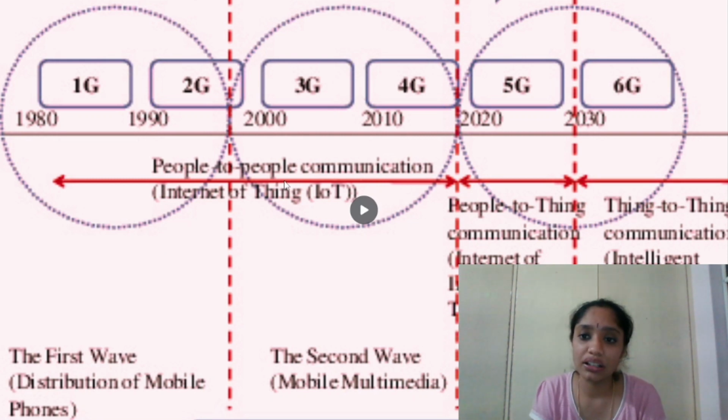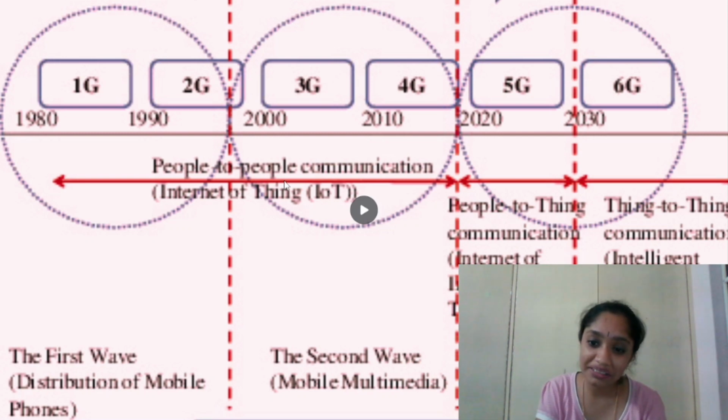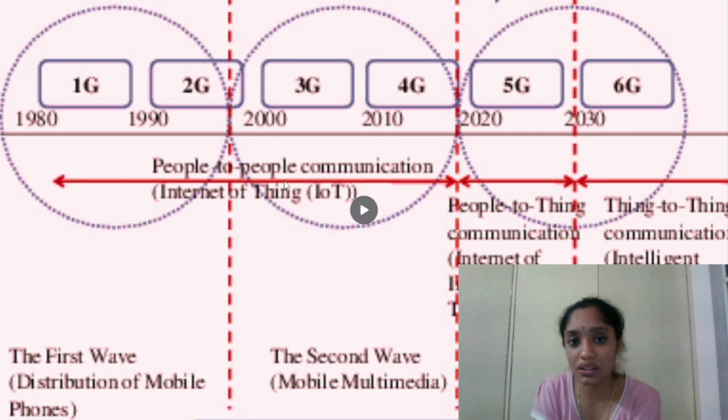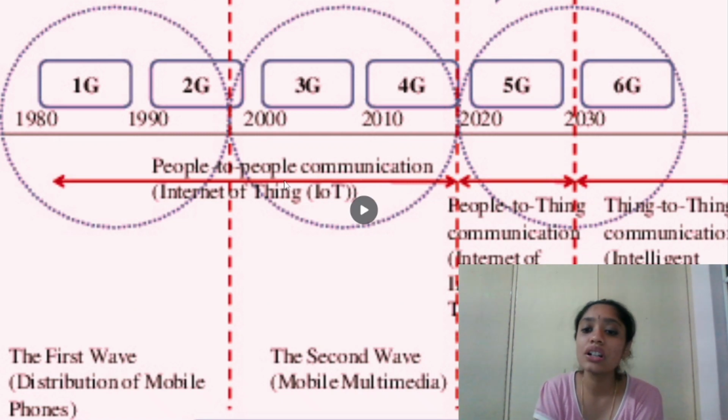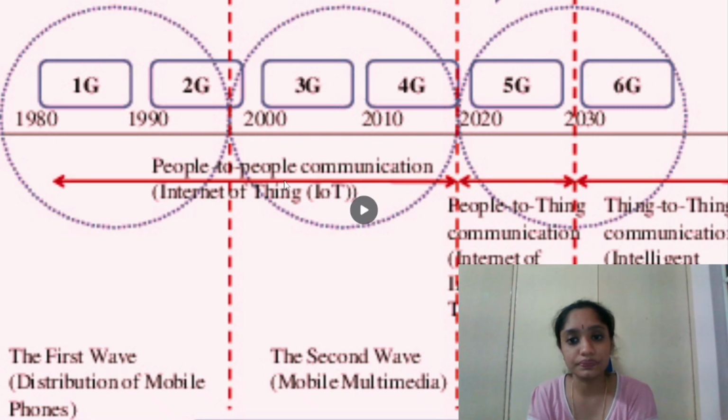And in 6G, there is another one, Intelligent Internet of Intelligent Things. Okay, so these are three waves. 1G, 2G are the first wave, used for distribution of mobile phones. 3G, 4G is the second wave for mobile multimedia. 5G, 6G is the third wave for new business value.